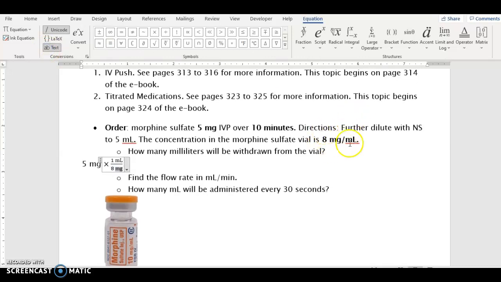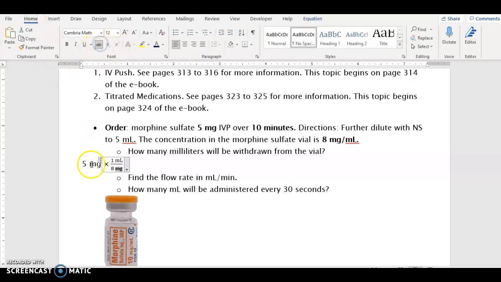You're taking the concentration of the drug and flipping it over, and multiplying it by the amount given in the order, and we eliminate the units of milligrams. Essentially we're taking 5 and dividing it by 8.